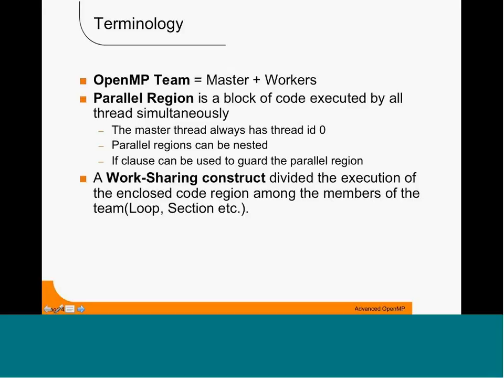A parallel region can be nested, and you can use the if clause on a parallel region, to decide whether you really want to execute this parallel region on this condition or not. And work sharing constructs are going to be part of the parallel region, like the loop, sections and so on.